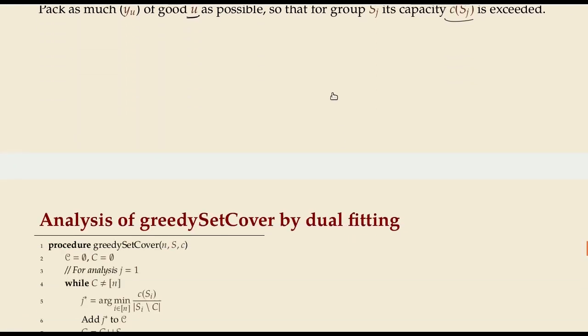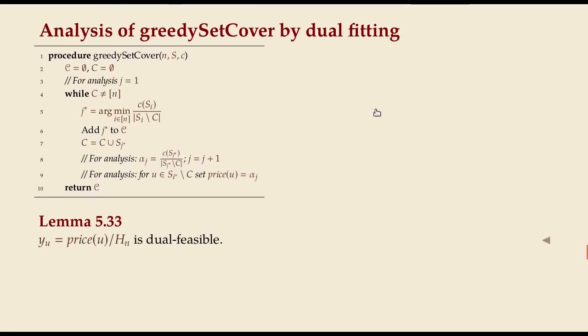Now, as a first application of this, let's look at the greedy set cover algorithm again, under this new lens of duality. So here's the algorithm again. It's essentially the same.